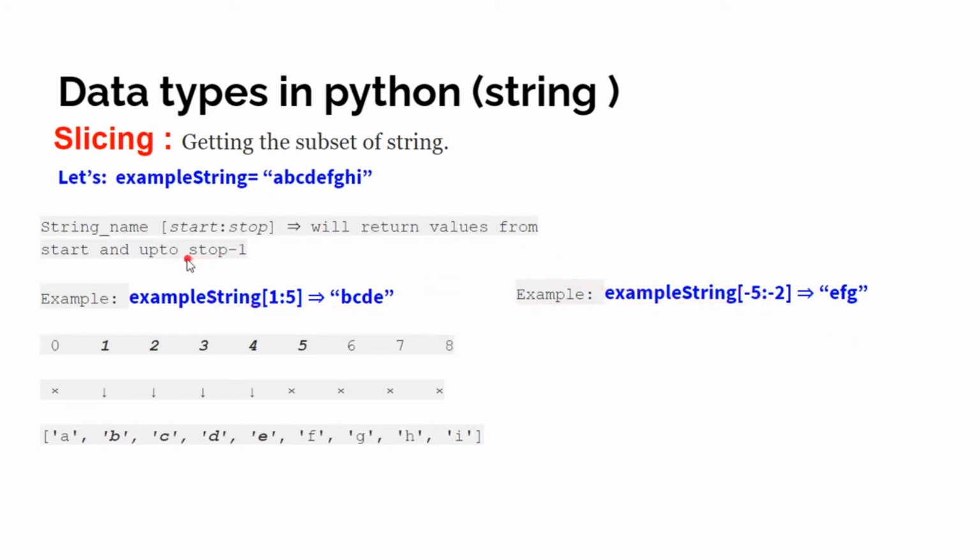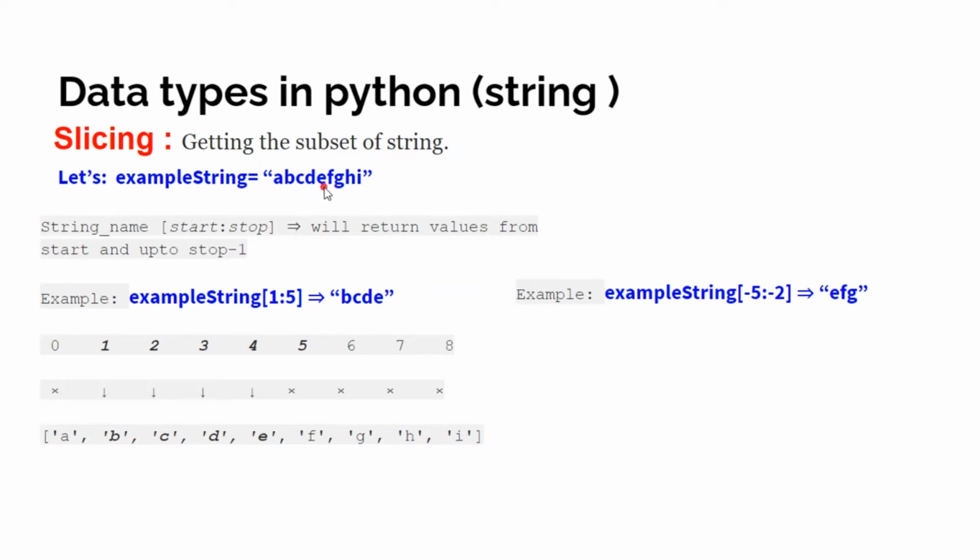Every time you decrease by 1. So stop minus 1, we have the value -2, then we will go up to -3. So we will get the value at -5, then -4, and then -3.